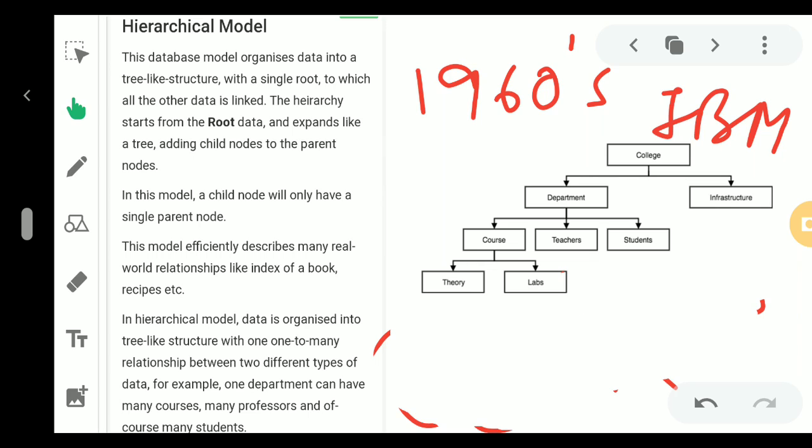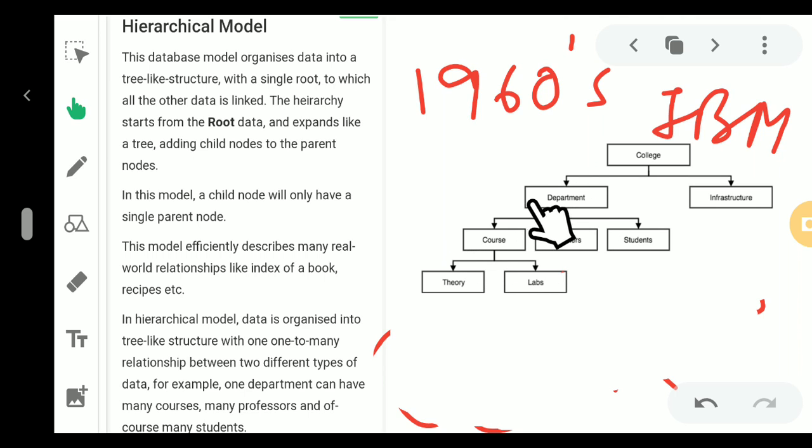All records in a hierarchy are called nodes, and each node is related to the next in a parent-child relationship. Course has the department as its parent. The record that owns other records is called a parent record, because the department owns the records of course, teacher and student.